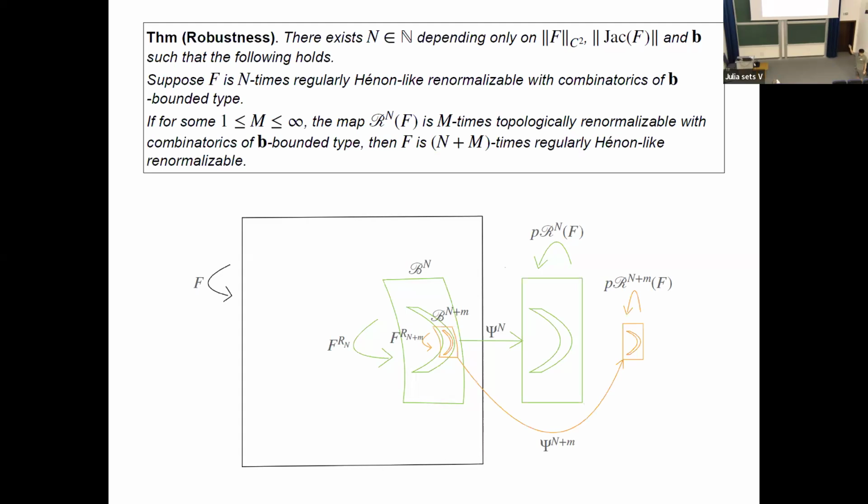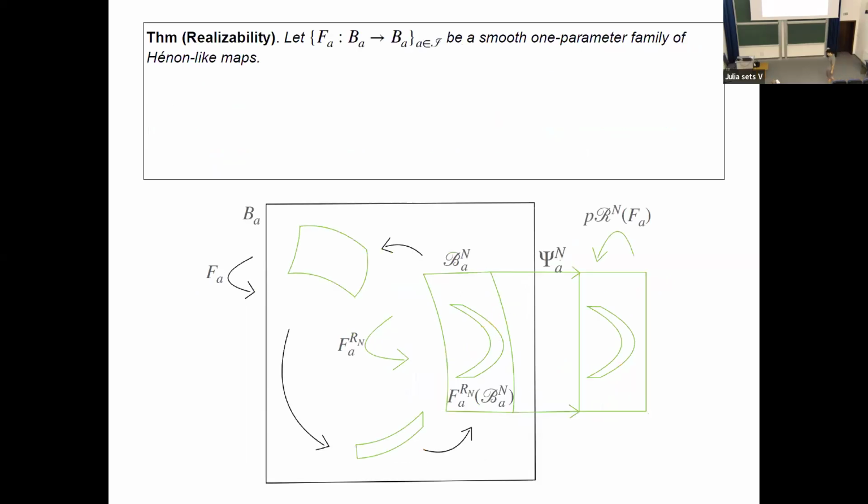Okay, good. What's nice about this is that it essentially turns checking for renormalization convergence into a finite condition as long as you have infinite topological renormalizability, right? But that in itself is a priori an infinite condition, but actually the next theorem says that you can get it in finite time as well.